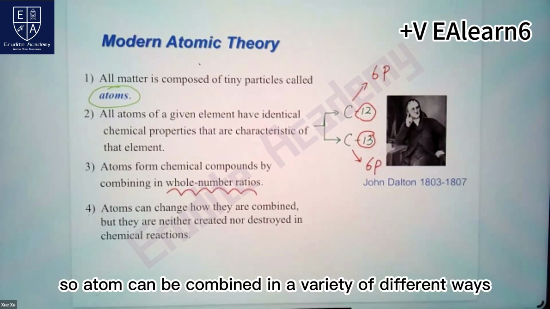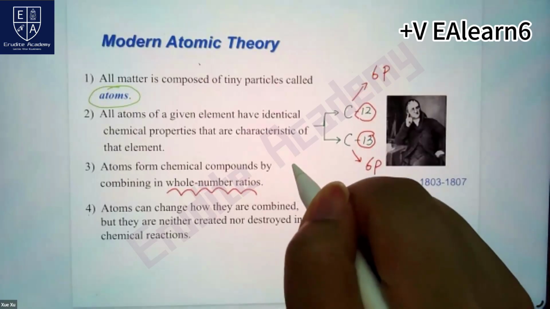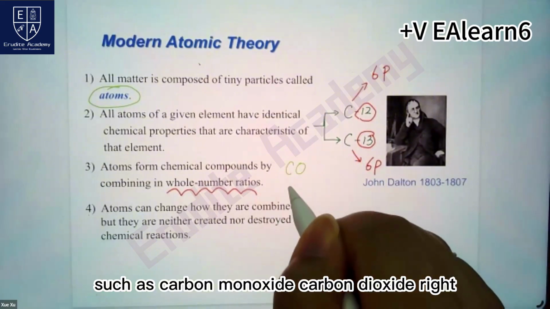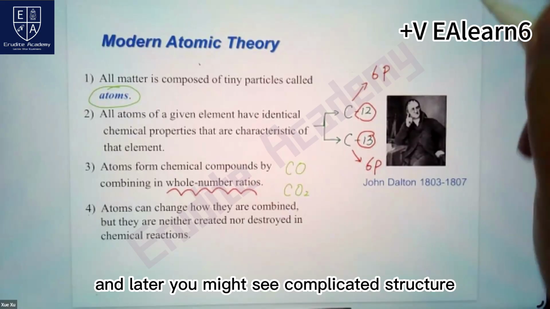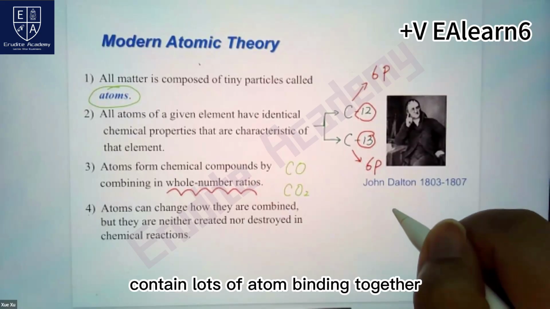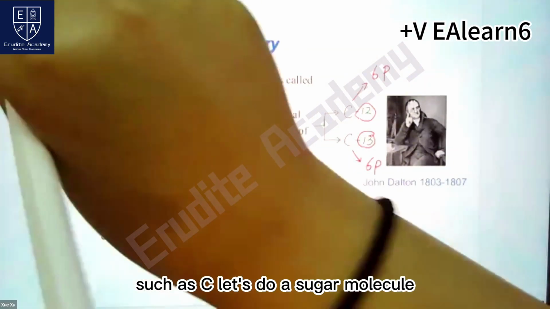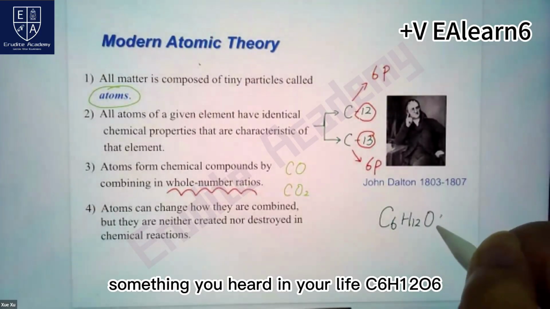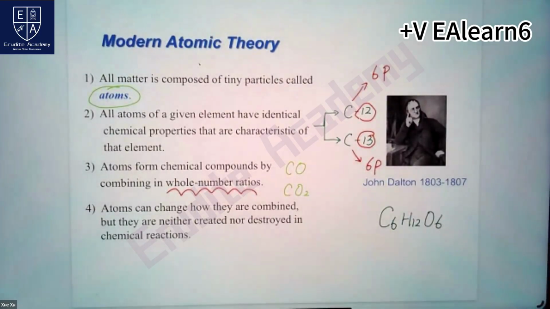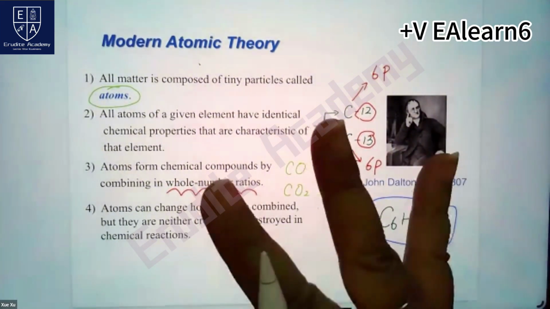So atoms can be combined in a variety of different ways so that you can get a lot of different compounds, such as carbon monoxide and carbon dioxide. And later you might see complicated structures containing lots of atoms bonding together, such as a sugar molecule, something you've heard of in your life, C6H12O6. So what does this mean? This compound contains how many types of elements? It's 3, right?